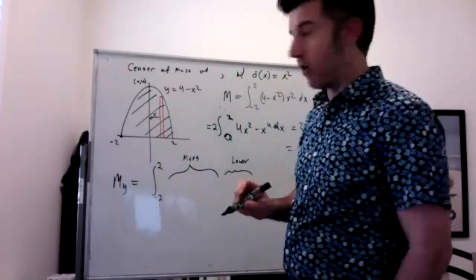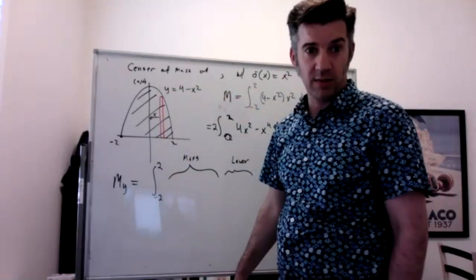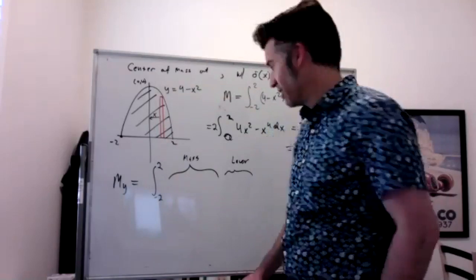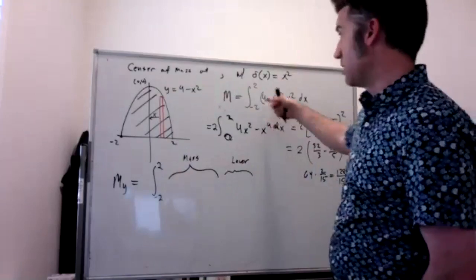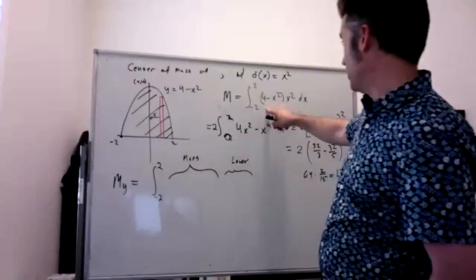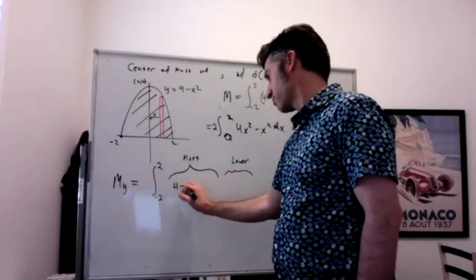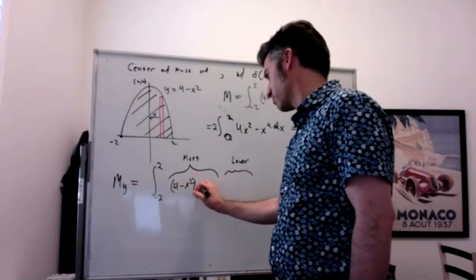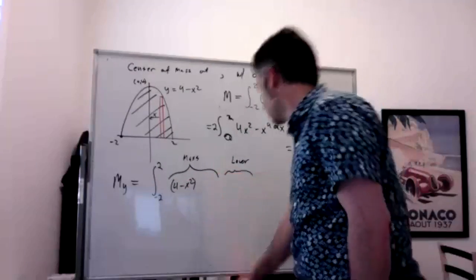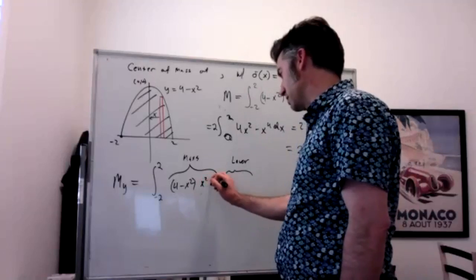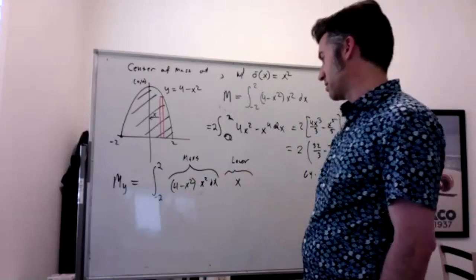It's the distance from the mass to the axis that we are momenting around. So the mass is the same as it was here, right? It's still the area of the strip, 4 minus x squared times dx times the density of the strip. Oops, I forgot the x squared. 4 minus x squared times x squared times dx, right? That's the whole mass of the strip. And then the lever arm is just x.